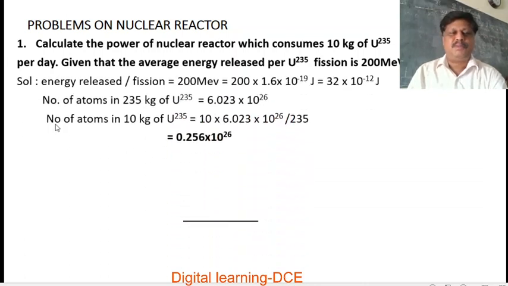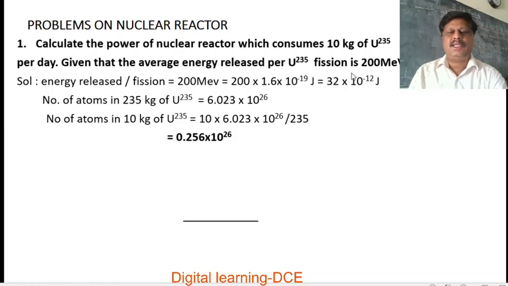The first problem: calculate the power of a nuclear reactor which consumes 10 kg of uranium 235 per day, given that the average energy released per fission is 200 MeV. So given average energy released per fission of uranium 235 is 200 MeV.